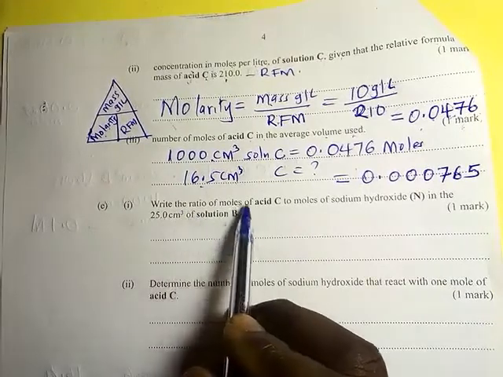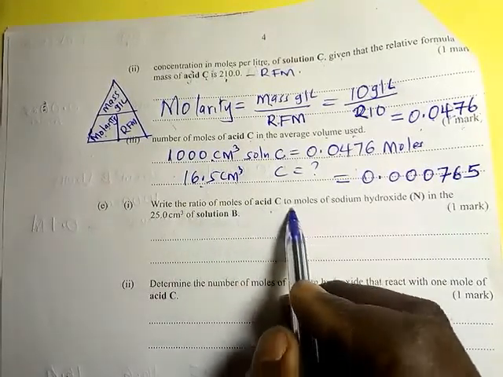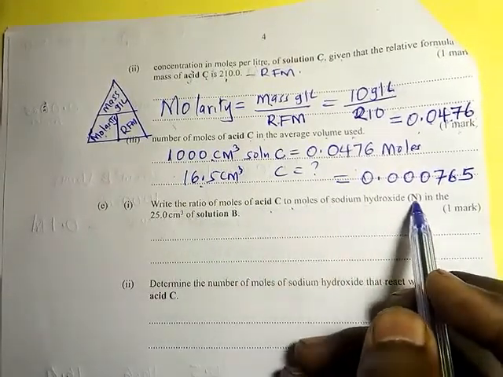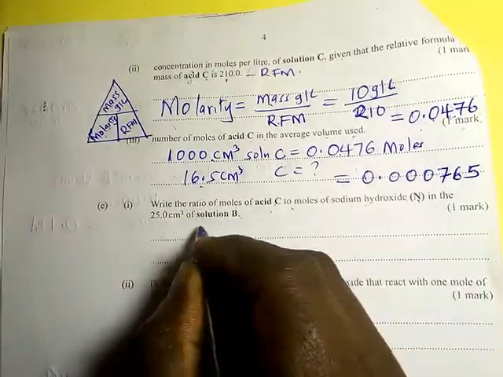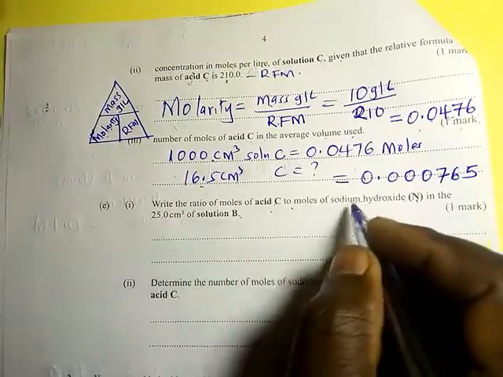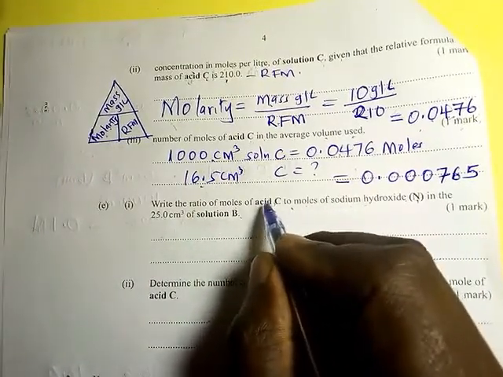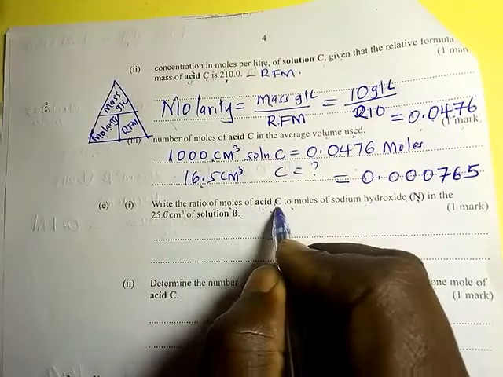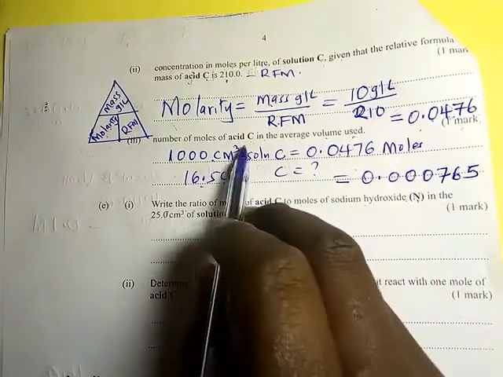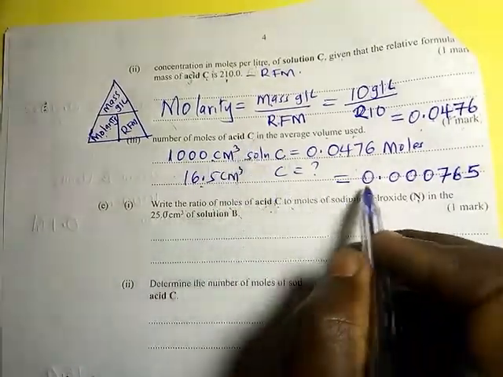Write the ratio of moles of C to moles of sodium hydroxide N in 25 centimeters cube of solution B. So this is the number of moles of acid C, and the moles of N we have from here.